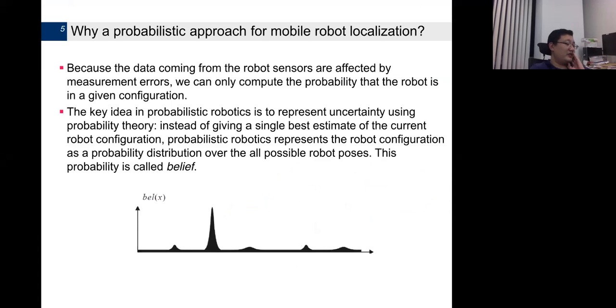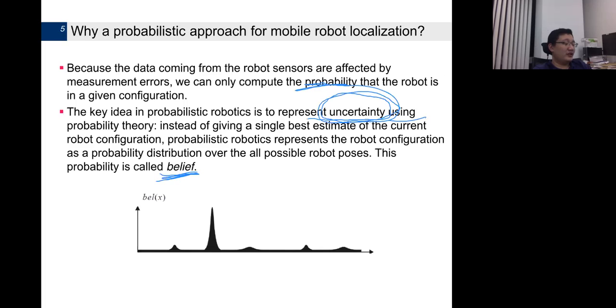And what is important is the result of localization. It's not a point estimation. The data coming from the robot sensor are affected by measurement error. You can only compute the probability that the robot is in a given configuration. It's not a point estimation. You only have a probability or distribution. The key idea in probabilistic robotics is to represent this uncertainty.